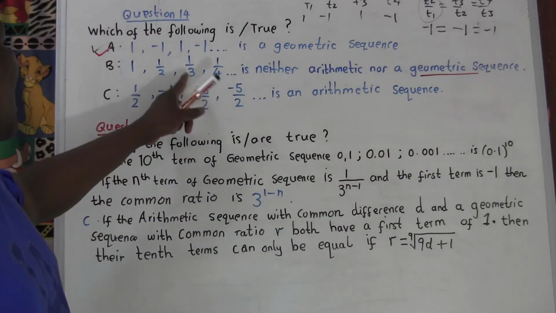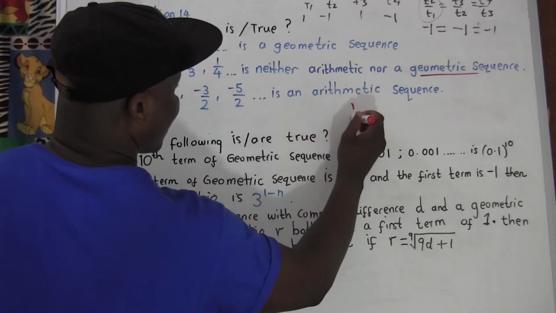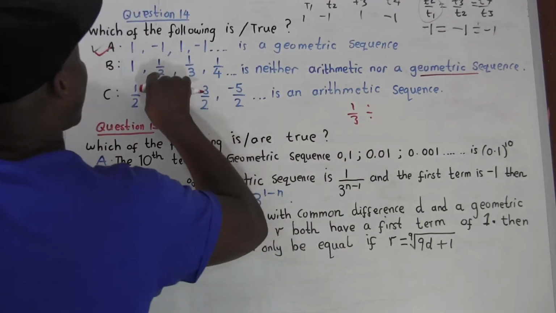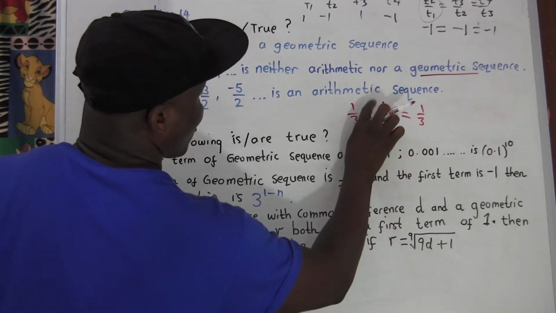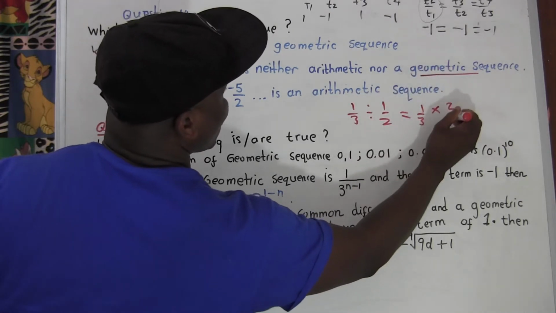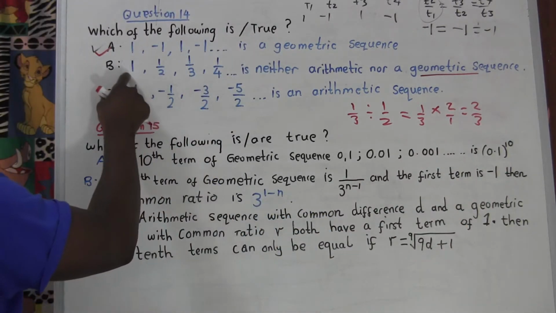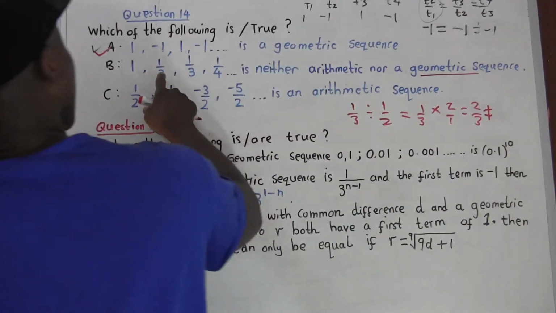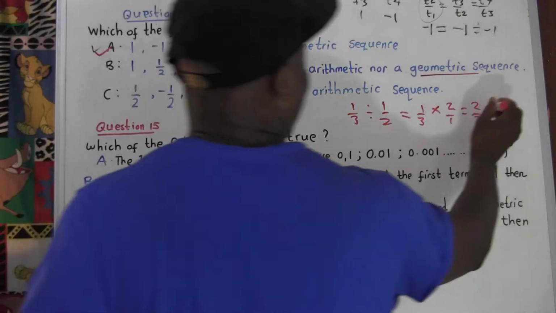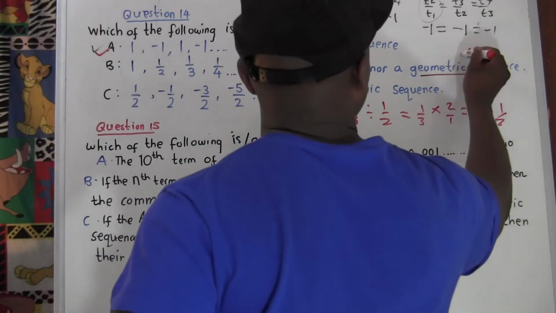But if you take 1/3 divided by a half, it is not a half. 1/3 divided by 1/2 is 1/3 times 2/1, which is 2/3, which is not the same as a half divided by 1, which gives a half. So only those two prove it is not geometric.